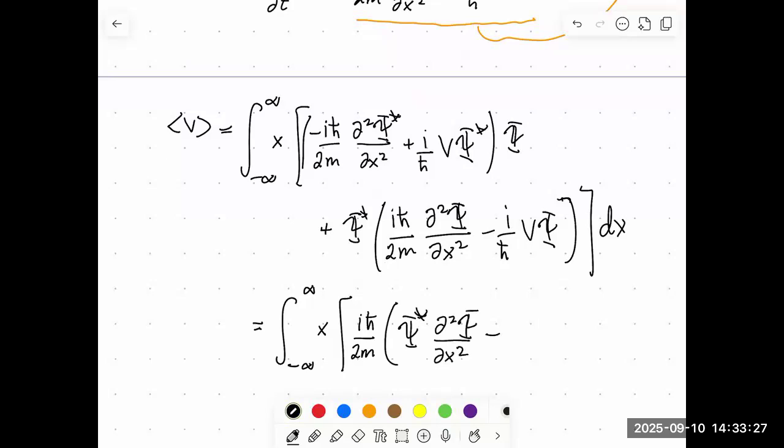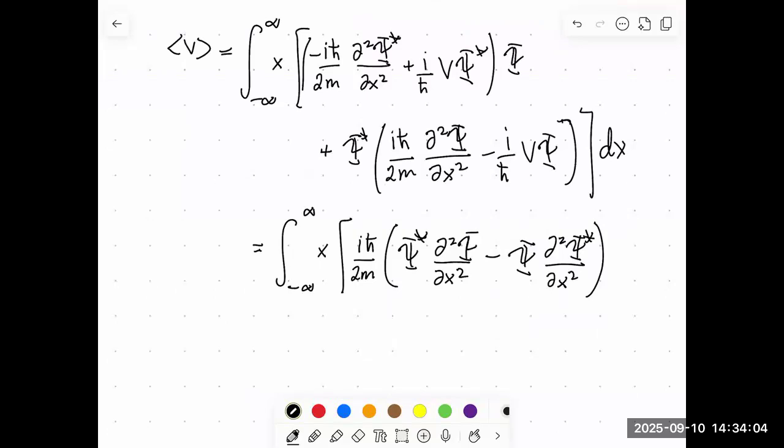The next thing I'm going to do is write down this term. It's going to be an i h bar over 2m, which we already have, but there's a minus sign, and that's where this minus sign comes from. Then that's going to multiply by phi. I'm going to put the phi first. And then we have two derivatives of phi star. Okay, good. I was worried, but I think this is going to work out.